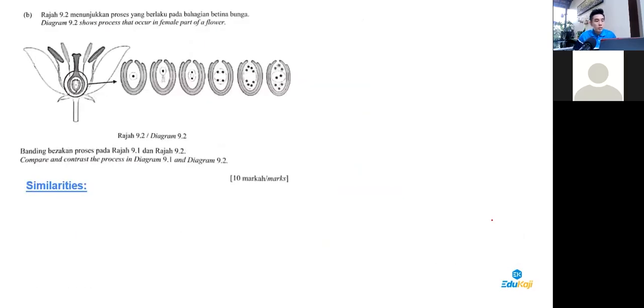Okay, next, compare 9.1 and 9.2, meaning compare the formation of pollen grain and also embryo sac. Similarities: both got mitosis, both got meiosis.